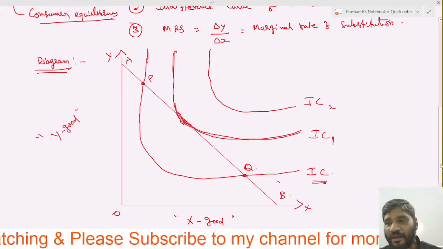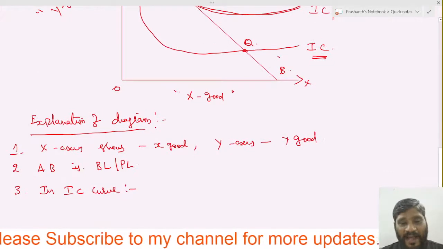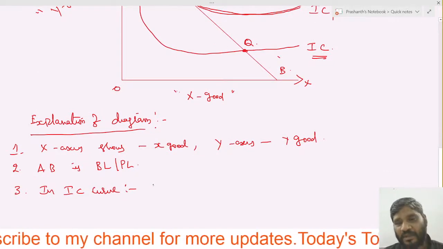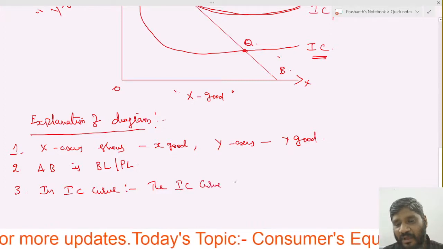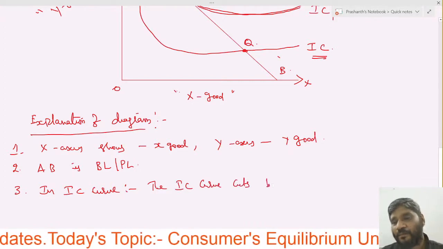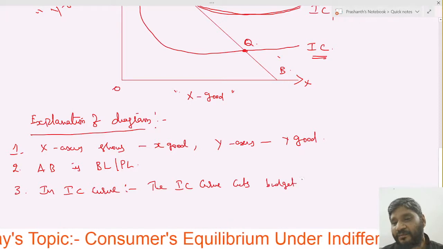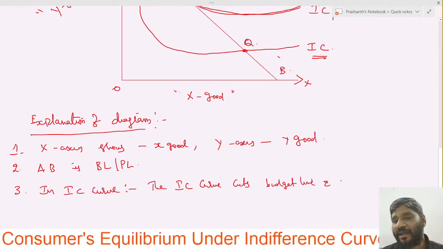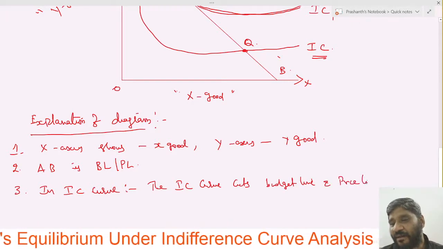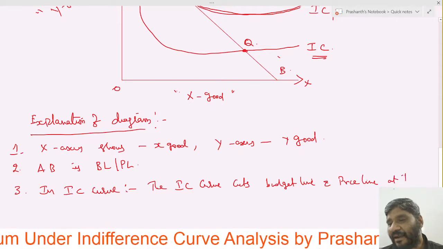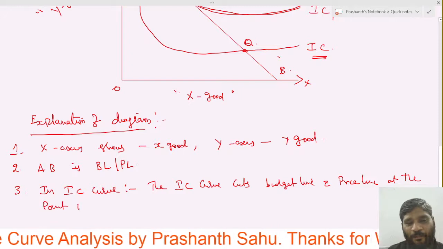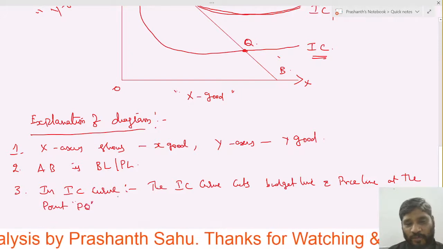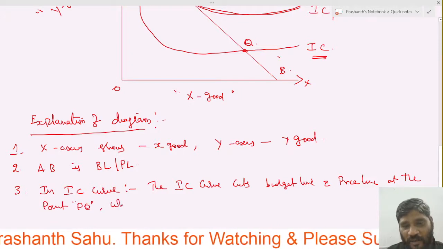What does that mean? It means the IC curve cuts the budget line and price line at the points P and Q. Do you know what that means?